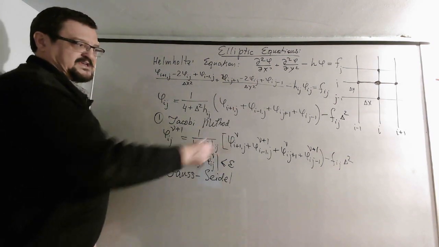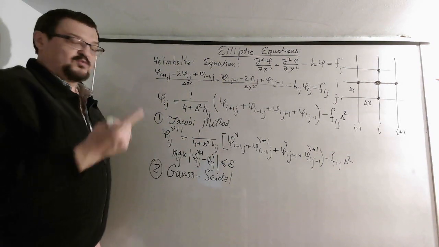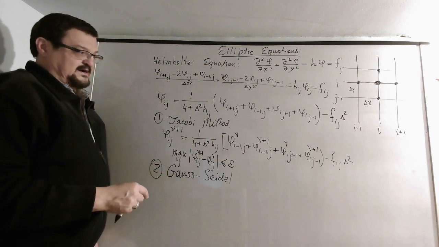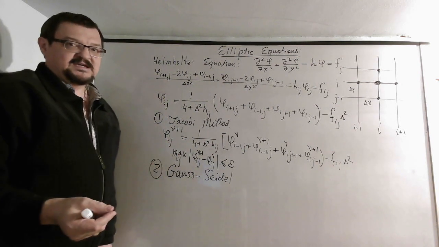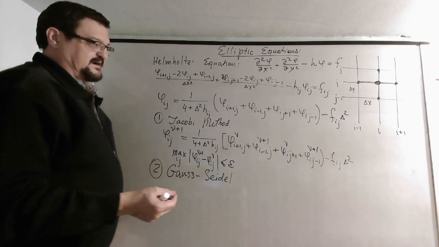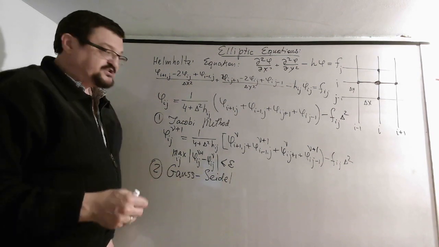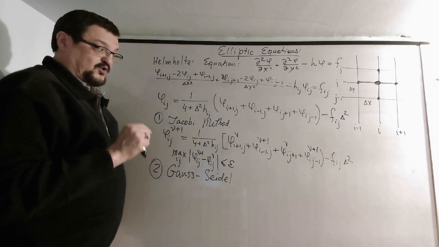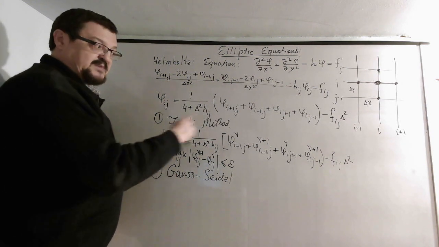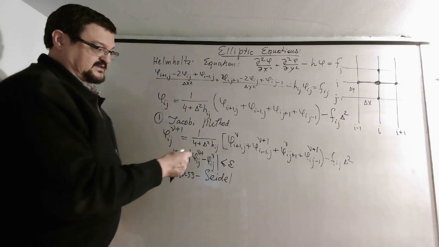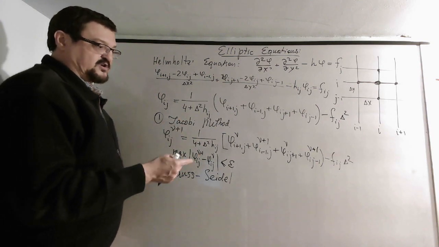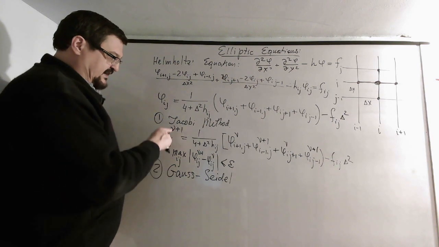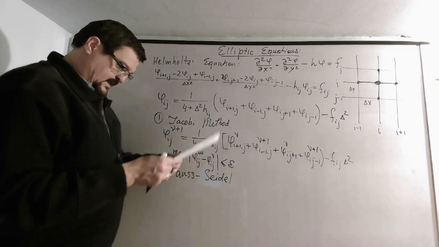So this is the modification: now you can use only one array instead of 2. You save some memory storage, and it also turns out that this method converges about twice as fast, requiring about half the number of iterations of the Jacobi method.